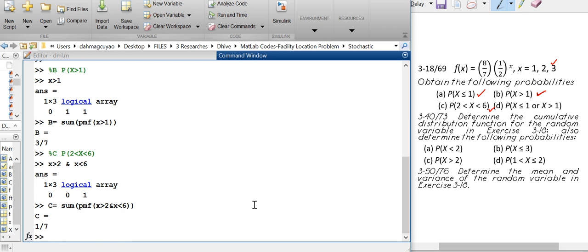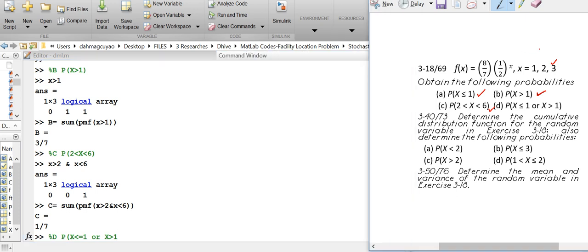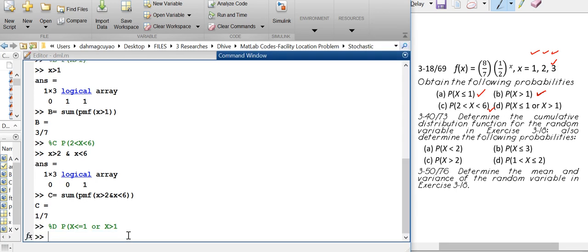Now for letter D, we want to get the probability of x less than or equal to 1 or x greater than 1. I think this is the sample space, because if you check, less than or equal to 1 is 1 and greater than 1 is 2 and 3. So this is supposed to be the sample space, but we can check that.